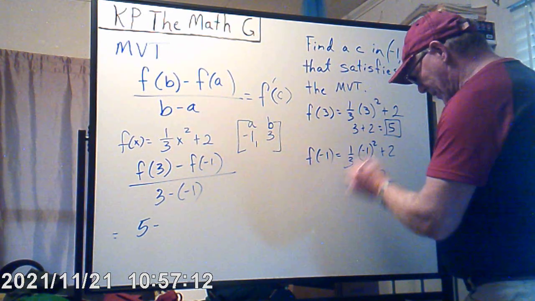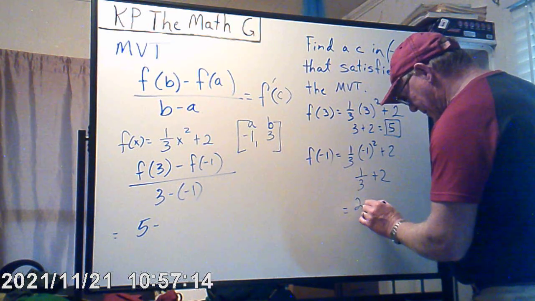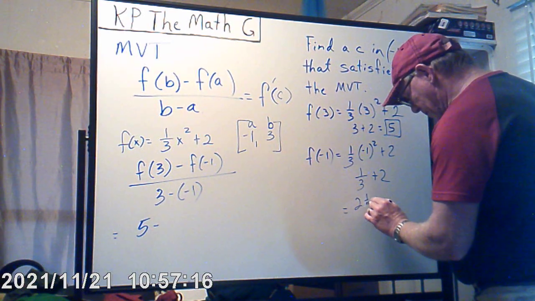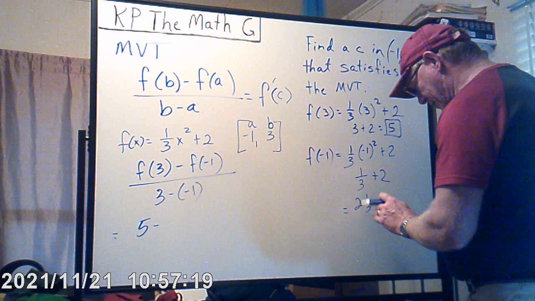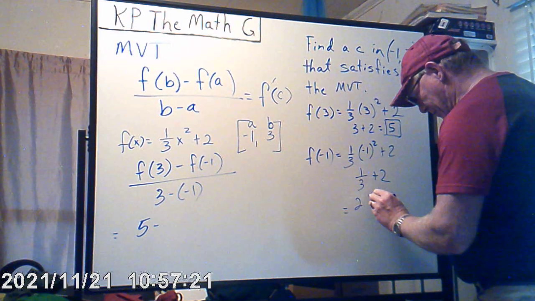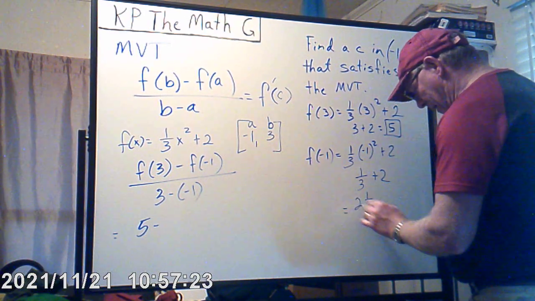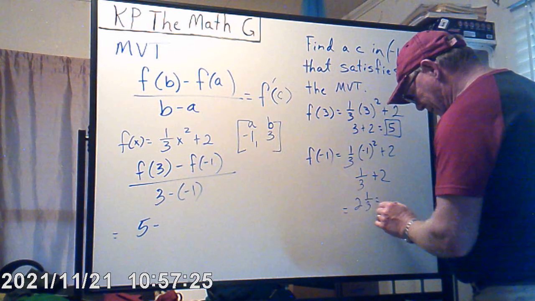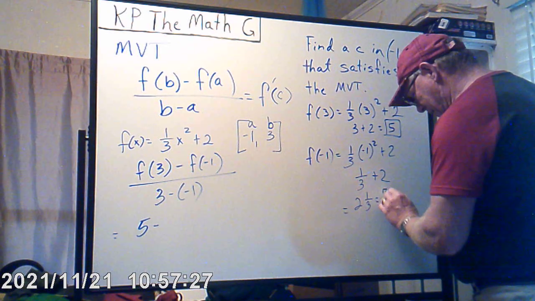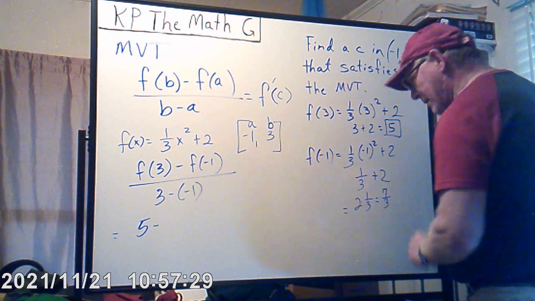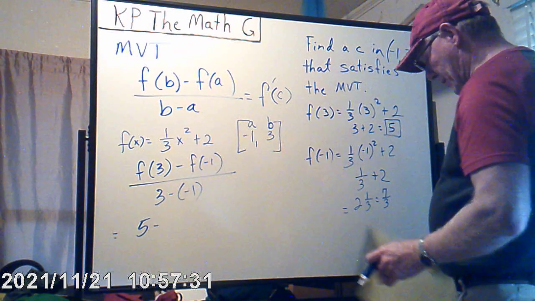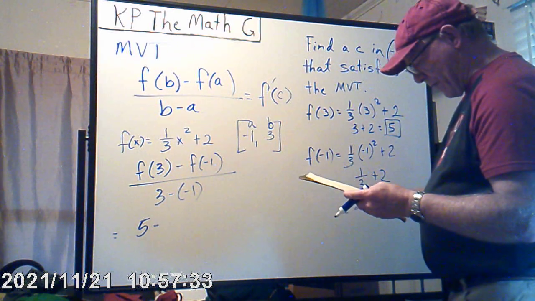And here's something you need to look at. This is actually 2 and 1/3. 1/3 plus 2 is 2 1/3. If you want to write this, 2 times 3 is 6, plus 1 is 7. So 7 over 3 right there.